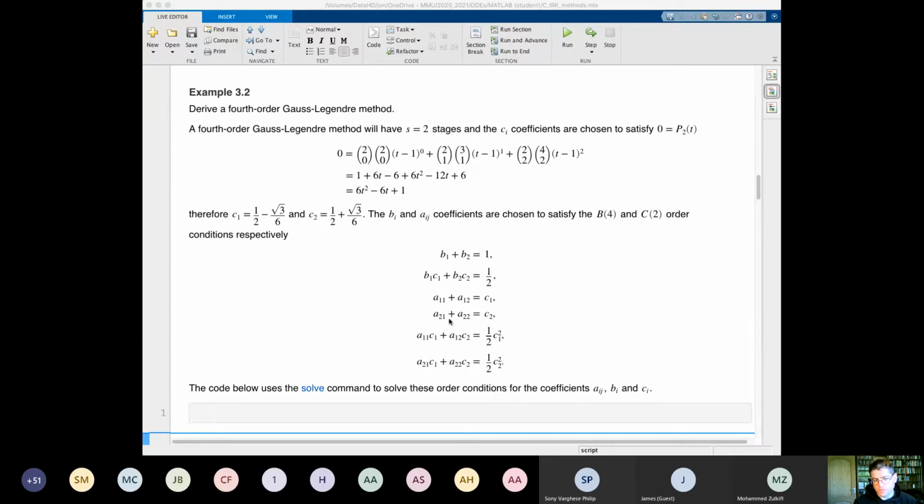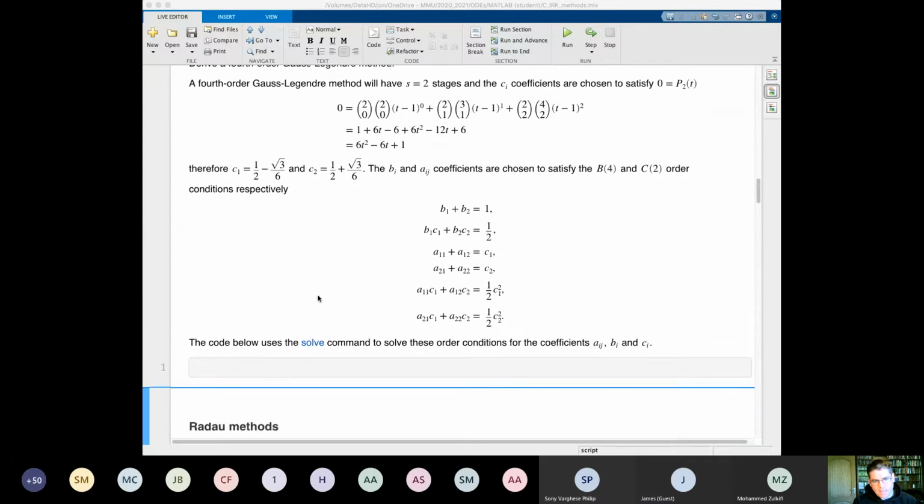I've got the 2 row sum conditions, and I've got a11 times c1 plus a12 times c2 equals a half c1 squared. Okay, so that's the first 4 order conditions for C. Okay, so now I've got 6 equations, I've got 6 unknowns, and we need to solve.